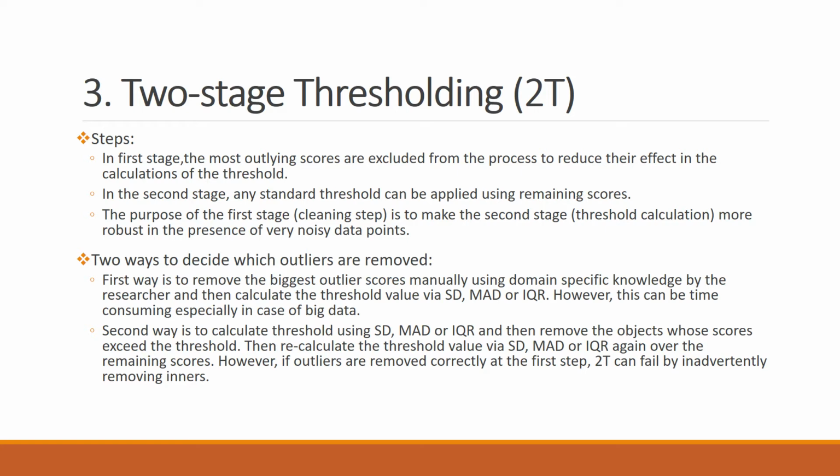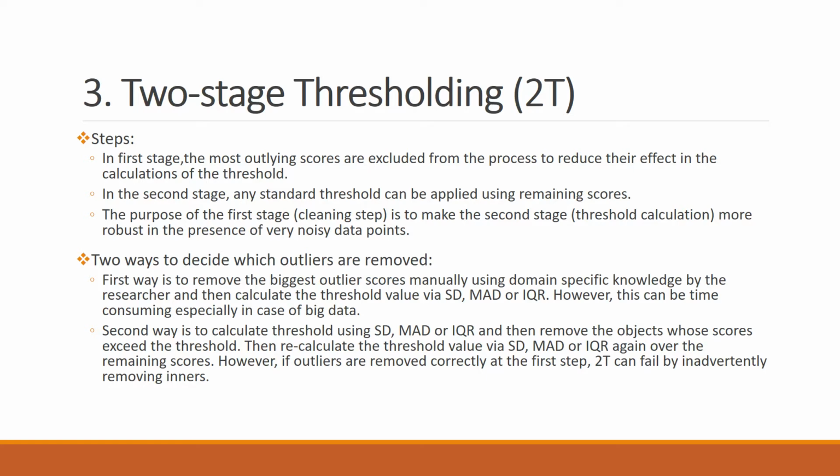We remove some of the outliers so that when we are calculating thresholds for the second stage, our calculation will be less affected by outliers. In the second stage, any standard threshold can be applied using the remaining scores. The purpose of the first stage scaling step is to make the second stage threshold calculation more robust in the presence of very noisy data points. I think it's clear.